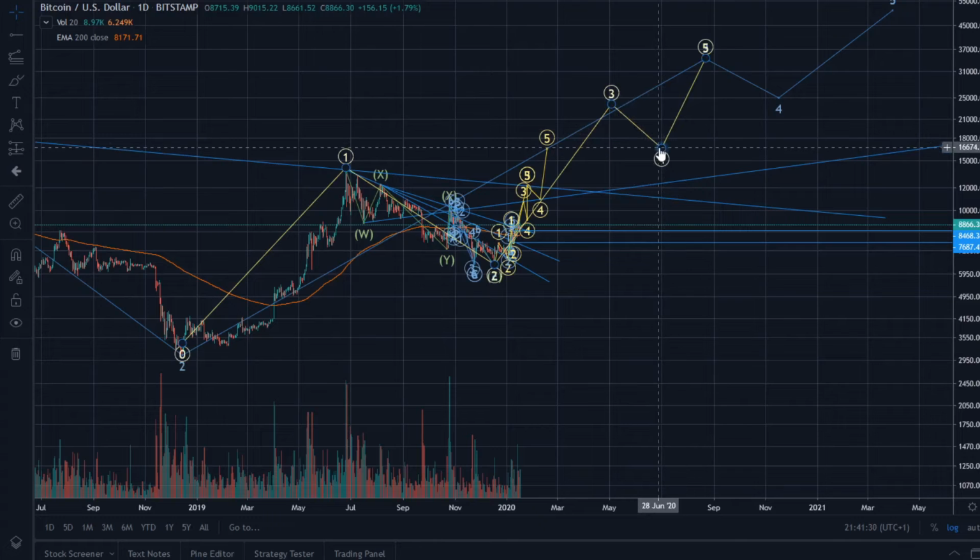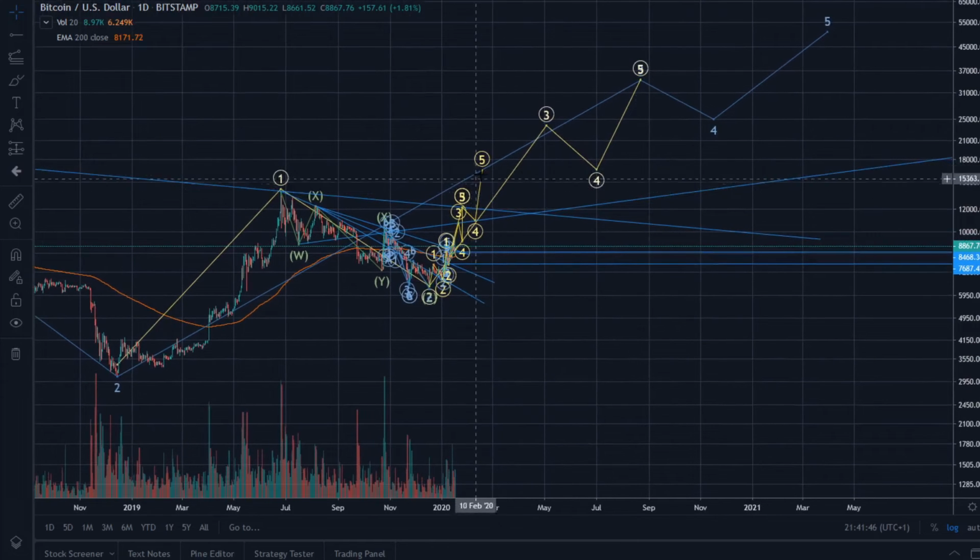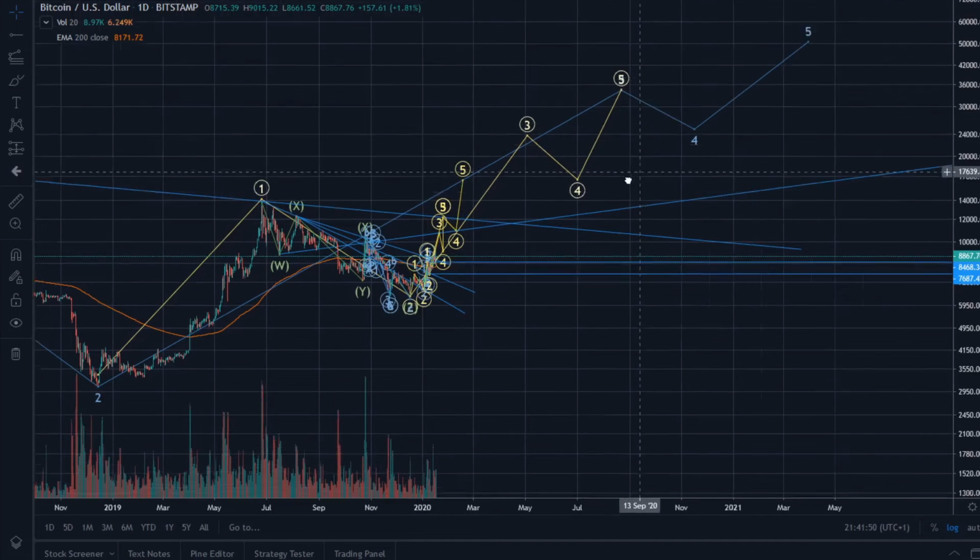Following this, a correctional wave, maybe back to the 16,000 region, which looks pretty nice, judging by the fact that this wave might stop there and bounce off and then correct back up again. So this would be very nice and fitting, but we will have to see about this. It's probably a couple of weeks away, this target up here.